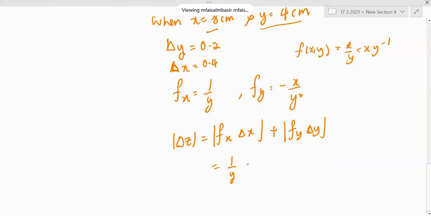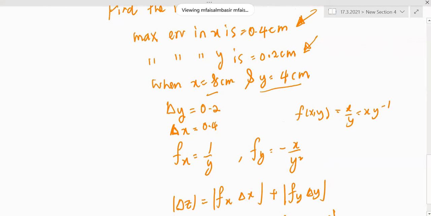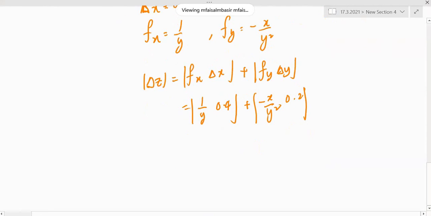Fx is 1 over y, delta x will be 0.4. Fy is negative x over y squared. Del y will be 0.2. Okay, but also they give when x equals to 8, y equals to 4. You can substitute y equals to 4, so x is what? 8, right?